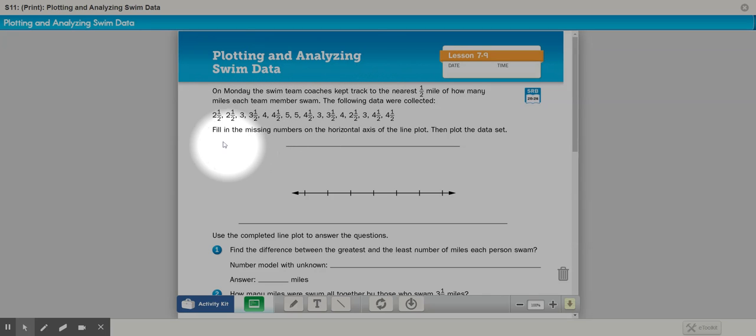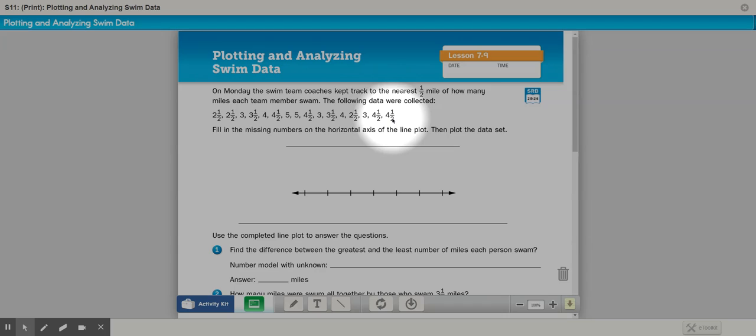It's data. So it says fill in the missing numbers on the horizontal axis. That's the horizontal line of the line plot. So this is the line plot. Then plot the data set. Well, that sounds all fancy, but there's the data set right there. It's a set of data.